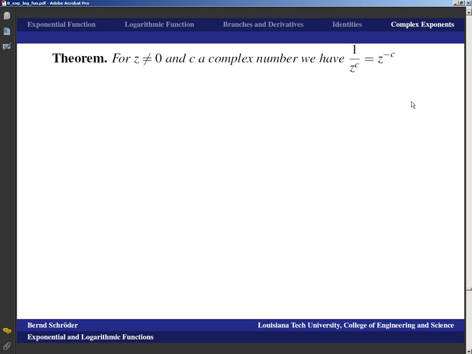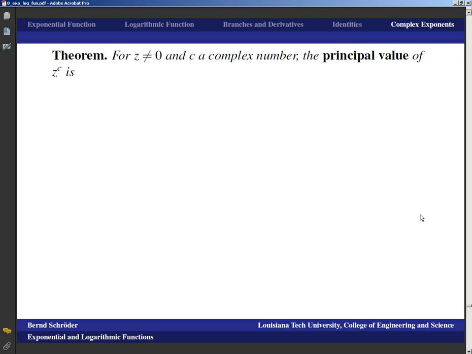We knew that already for integer powers, but now we can do it for complex powers, because z to the c times z to the negative c, well, that's e to the c log z times e to the negative c log z, and that's e to the c log z minus c log z, and that's e to the 0, or e to the 0 plus 2 pi i. Either way, that's equal to 1. And because multiplicative inverses are unique, that means that z to the negative c must be the multiplicative inverse of z to the c. So that's that proof.